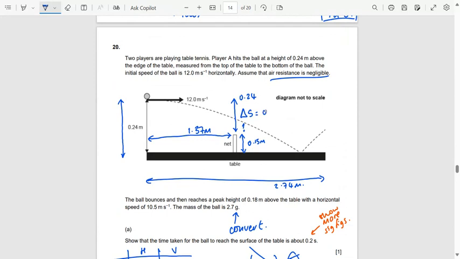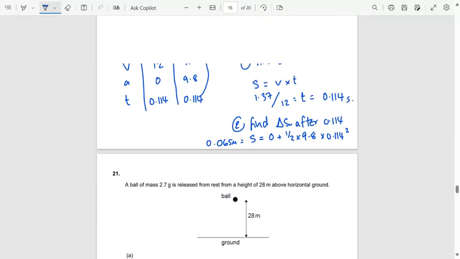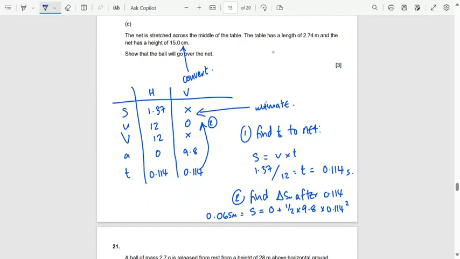So that is 6.5 centimeters. We're starting up here at 0.24. We're dropping that amount, which means we have reached above the ground this distance. That minus that equals that.